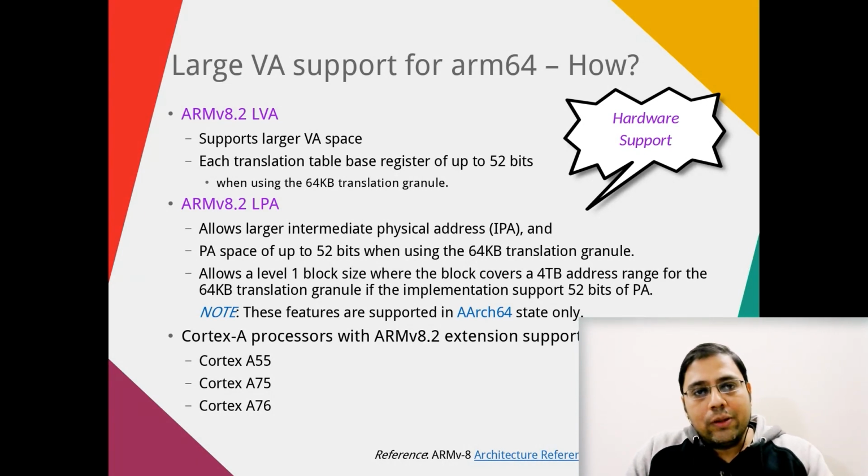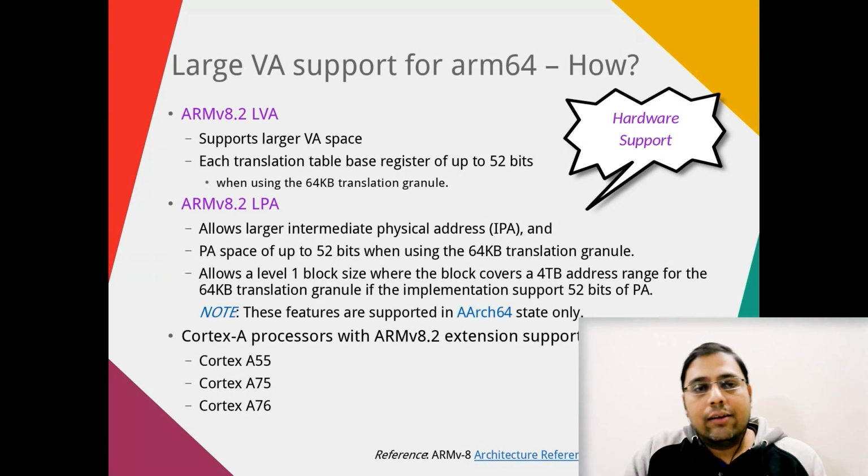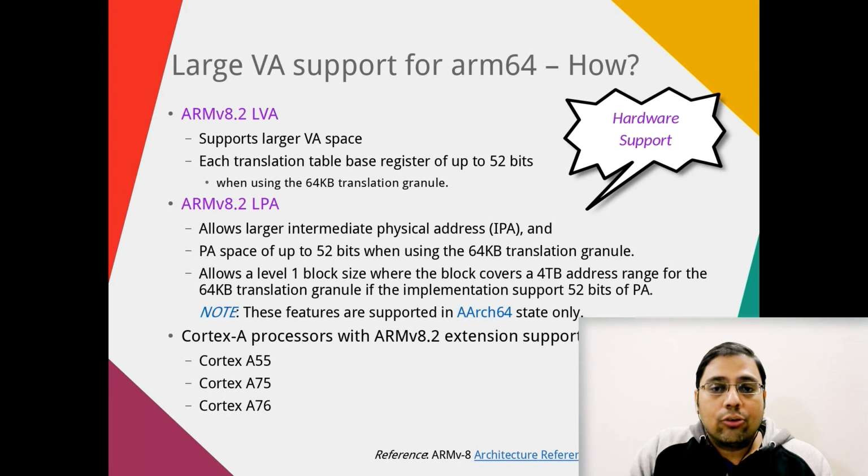So the CPUs with these extensions will provide a 52-bit addressing capability, which is quite a big jump from the earlier support available with a 48-bit address space. This makes these ARM64 cores possible candidates for very high-end server-like use cases, which also require a low power profile, which is actually a USP of ARM cores.